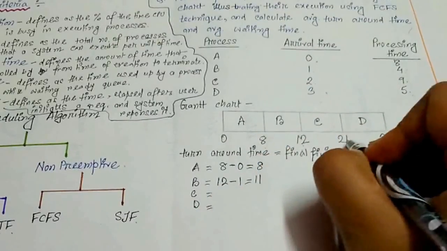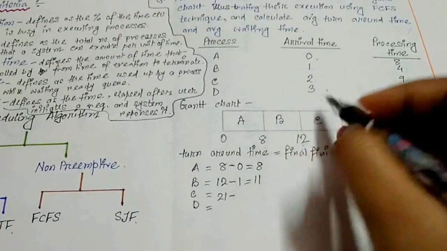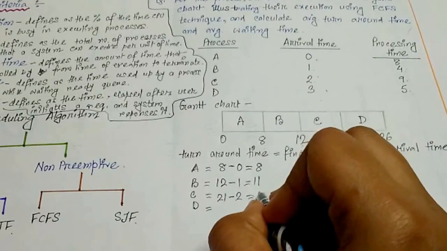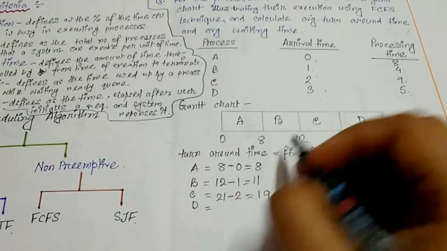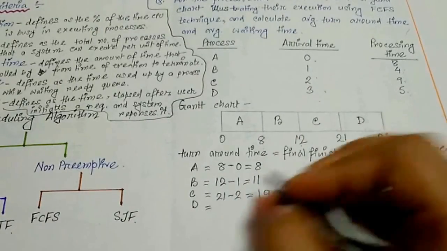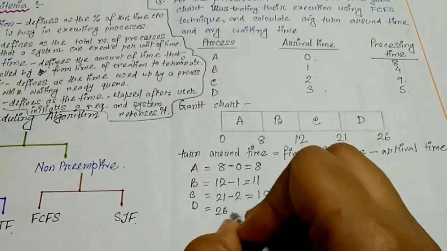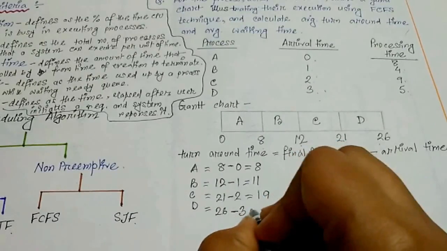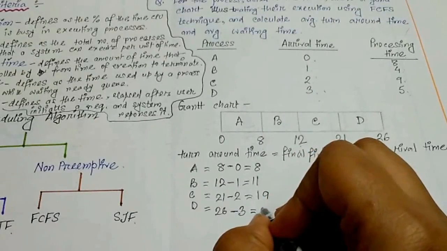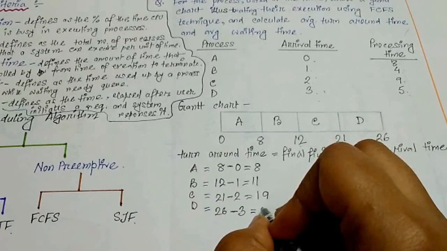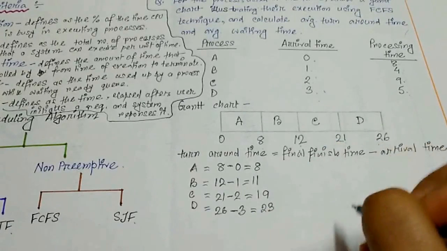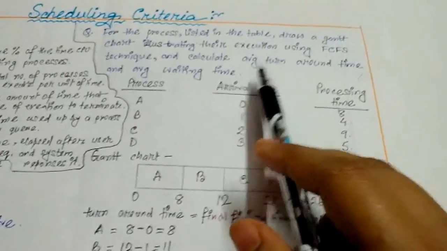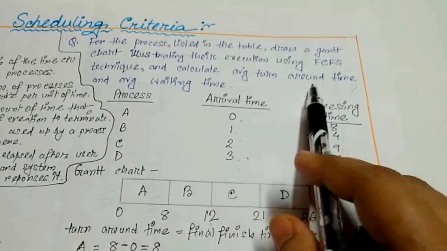Final finish time of C is 21 and the arrival time is 2. By subtracting, we get 19. The final finish time of D is 26 and the arrival time is 3. Subtracting this, we get 23.